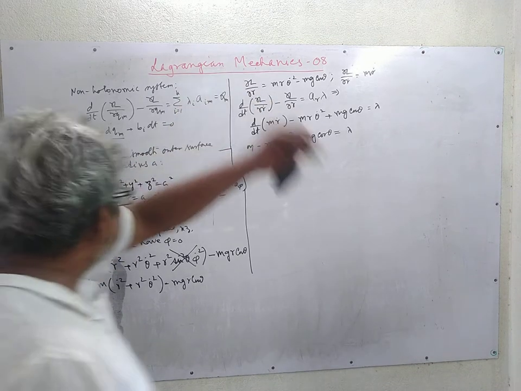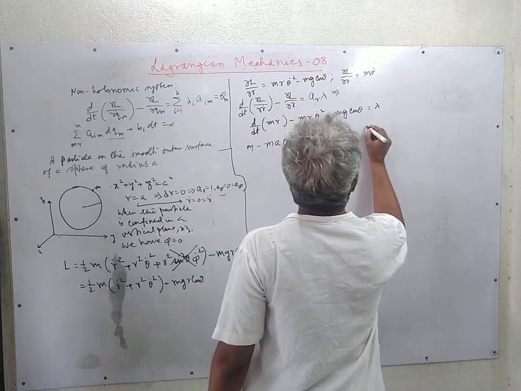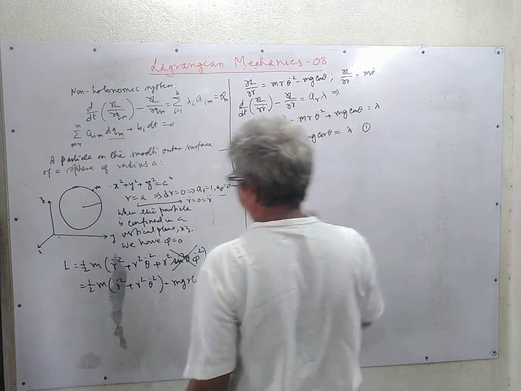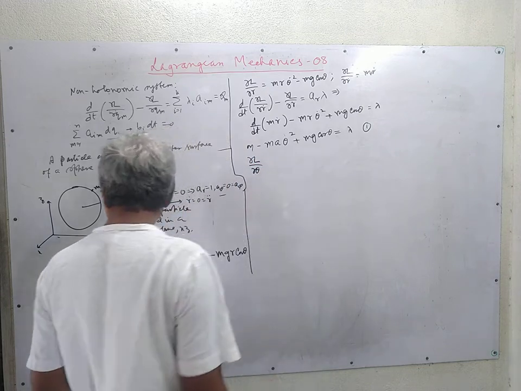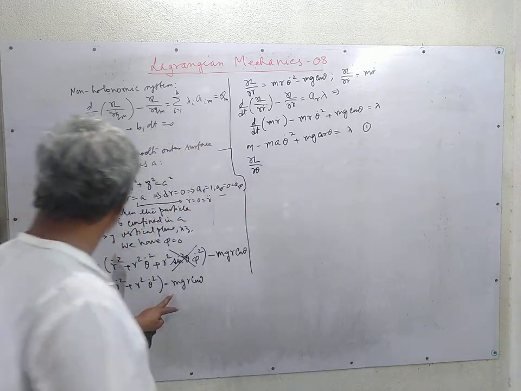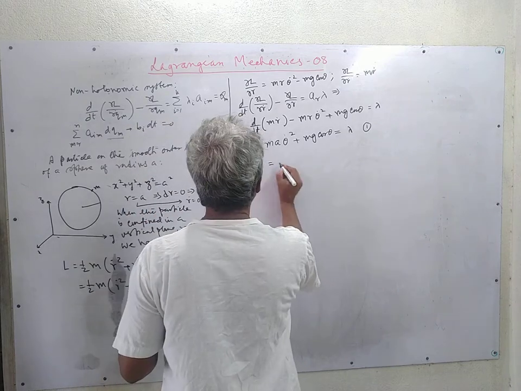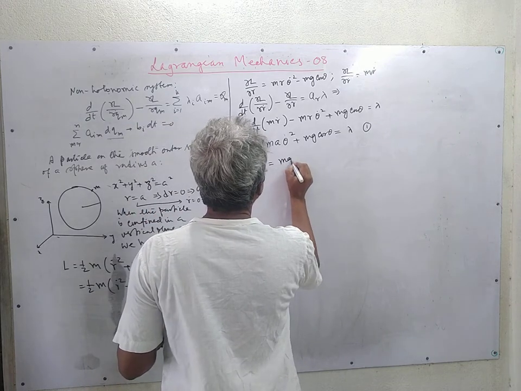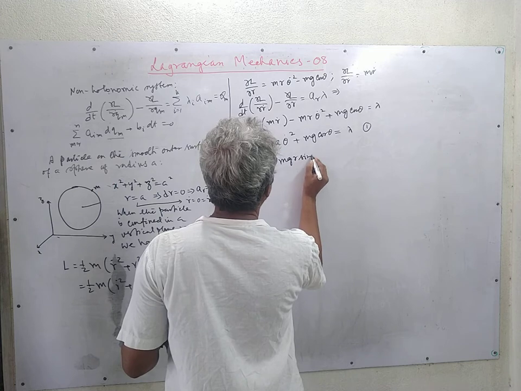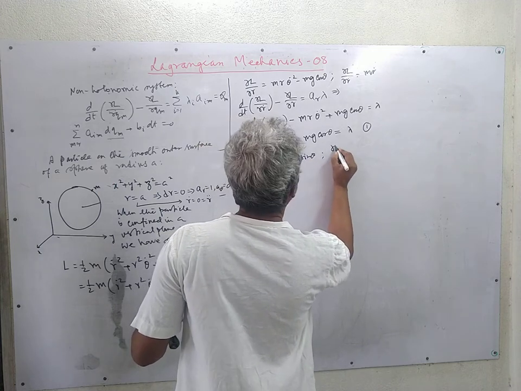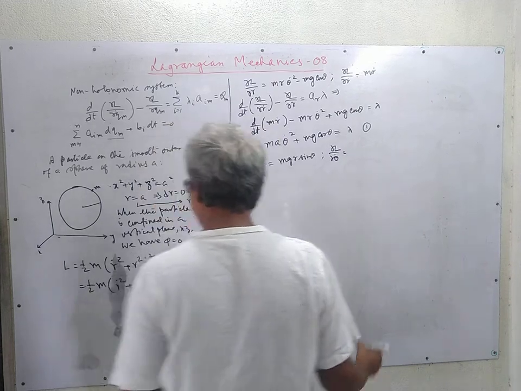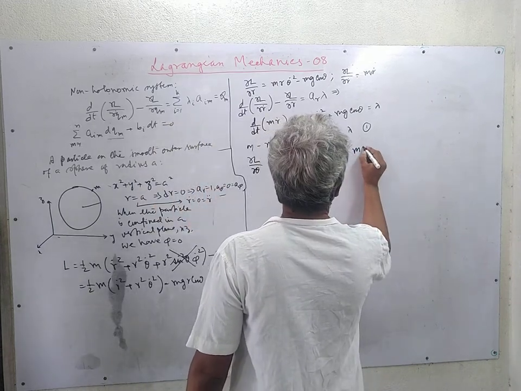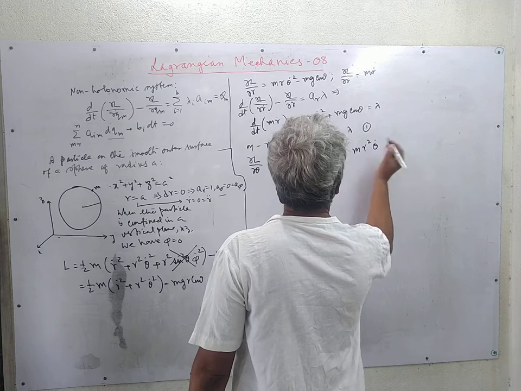This is the outcome from the r equation; now the theta equation. Del L del theta is mgr sine theta with a plus sign, and del L del theta dot is m r square theta dot.